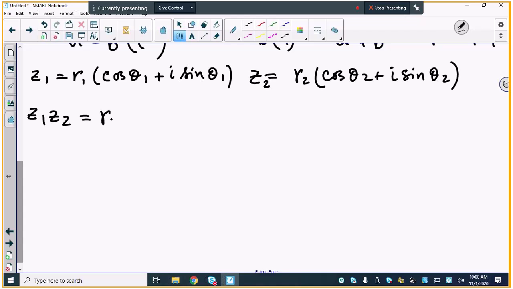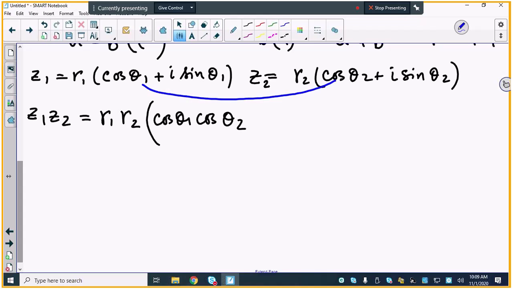When I multiply them, of course I multiply r1 with r2. Also, the trigonometric parts are going to get multiplied with each other, and essentially I'm going to FOIL. So I will get cosine theta 1 cosine theta 2, and if you want to know how we are getting these products, you can do a scheme diagram. For example, I have multiplied these two together. Now it's time to multiply these two together.